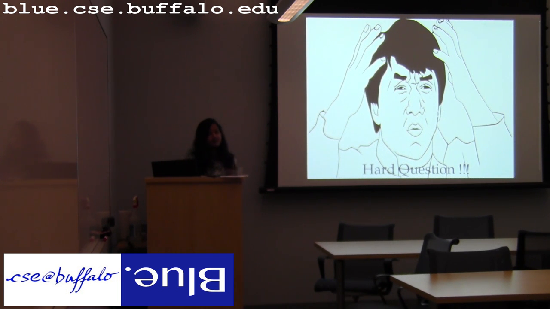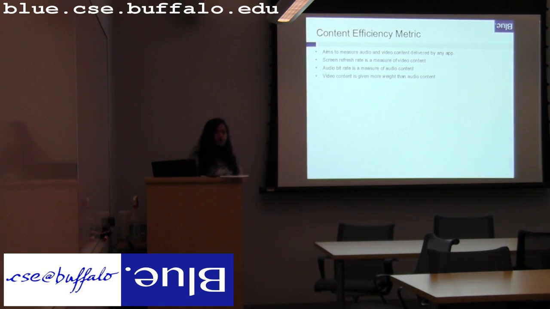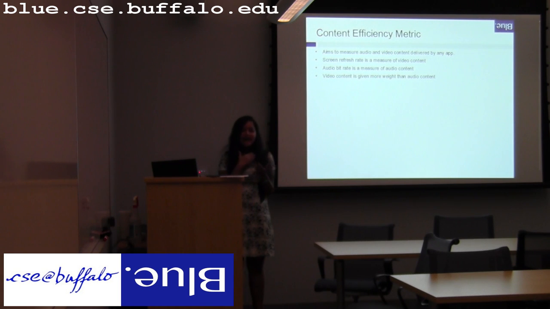And we tried to make some attempts at finding out how to measure this value. We said that, okay, these apps interact with users in the form of some content, be it visual or audio. If we can quantify this content, then we can find out how much content a user is consuming per joule and make that into an efficiency metric.